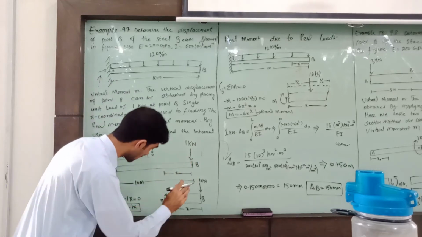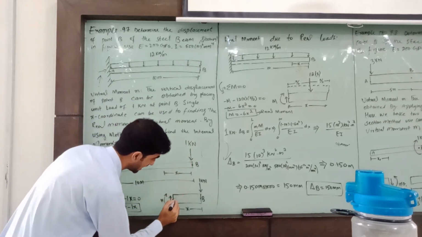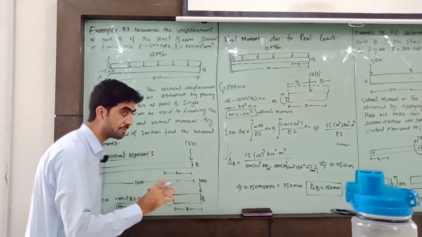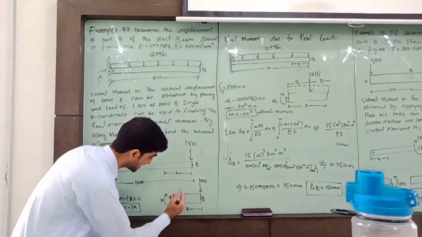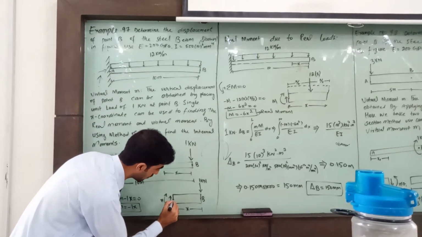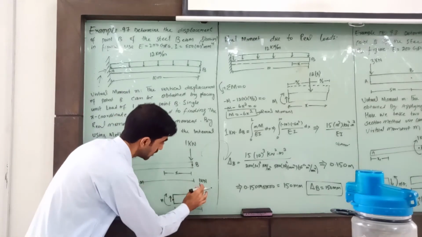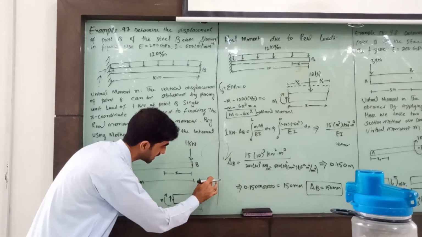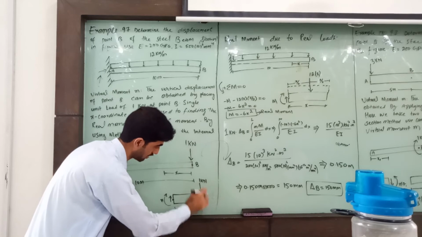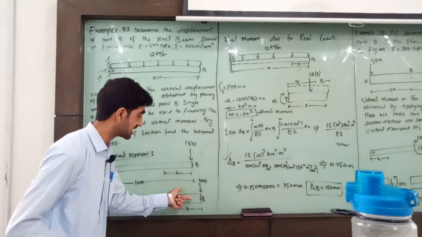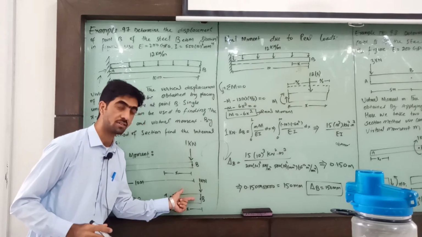First of all, we find the moment at that point. When we take a section, in this section we find the moment at that point. We apply a 1 kilonewton load on this point B. You can see this is the section of this beam.